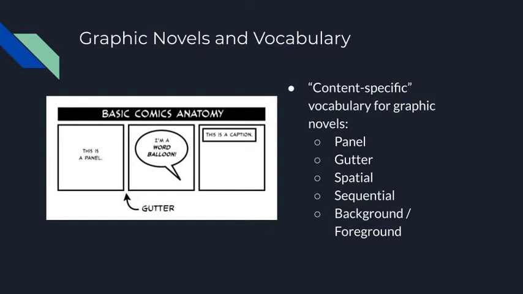A student will be able to utilize these words differently than how they might have previously understood that word, right? Like, it's not a gutter on the side of your house, or you're not in the gutter, but there's a space between the panels in the comics that we're talking about here that adds a sense of meaning to the story.